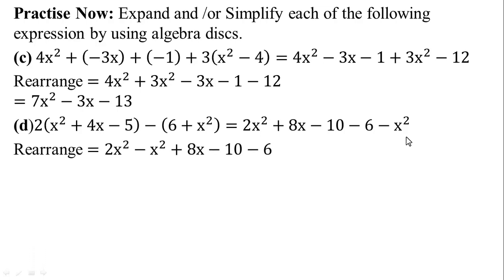Rearrange the values, then 2x square minus x square plus 8x minus 10 minus 6. 2x square minus x square, answer is x square, plus 8x minus 16.